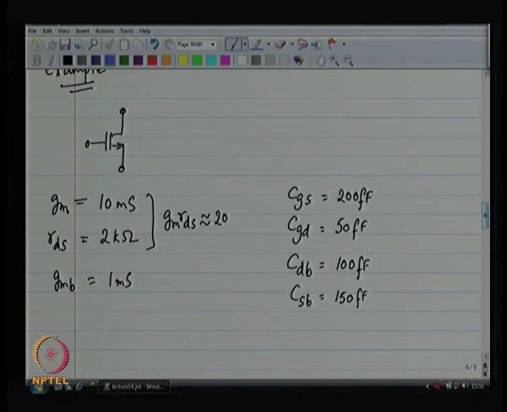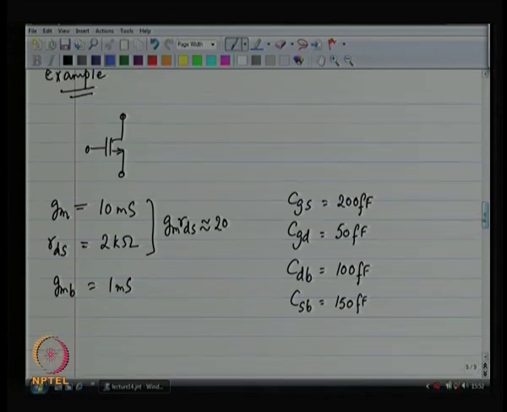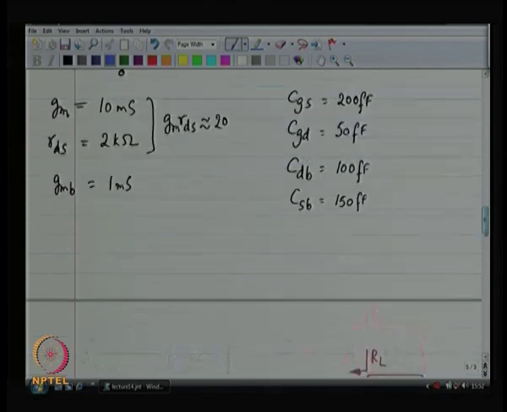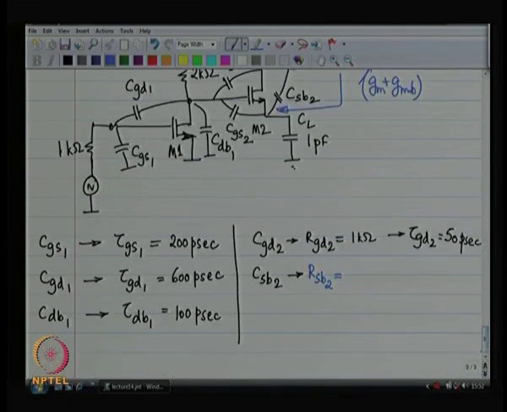The Gm that I chose is 10 millisiemens, GMB is 1 millisiemens. So, 1 by 11 millisiemens is about 90 ohms. I am sorry, yeah, 90 ohms.